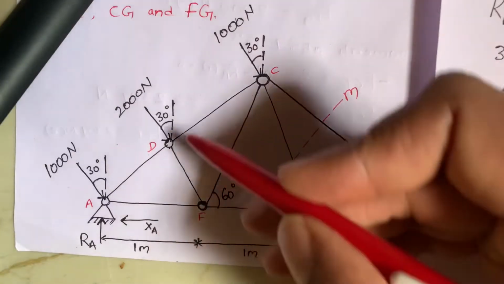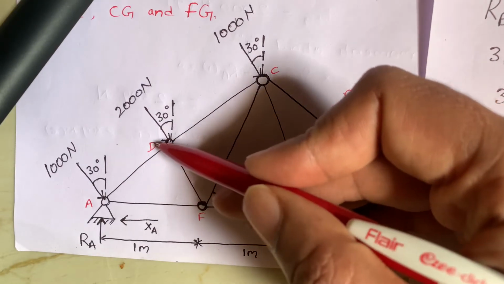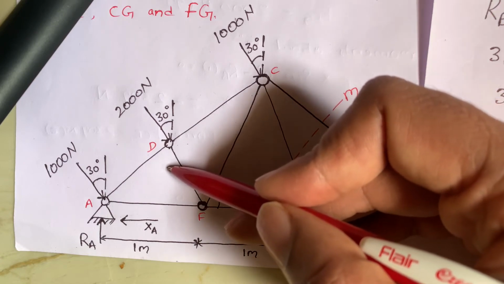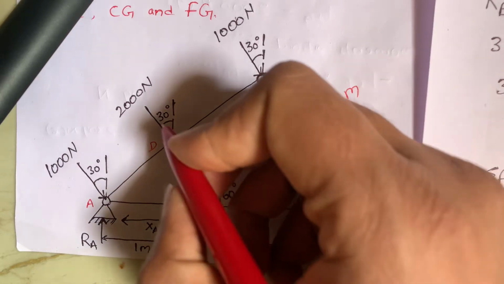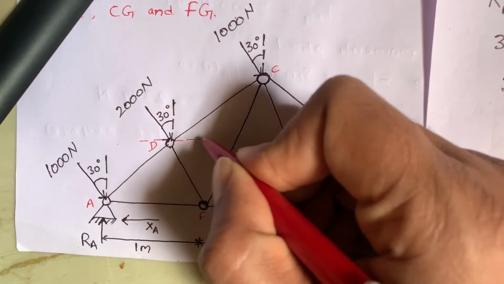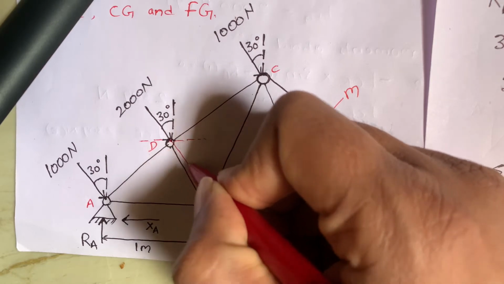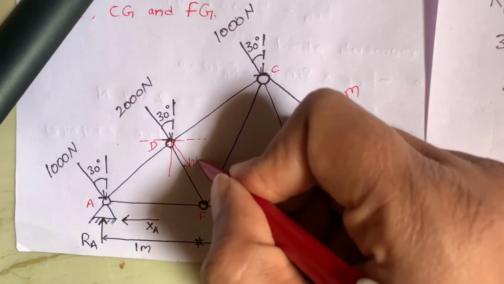Same here. I am resolving this force like this, and the axis is this one. I'll show you. If suppose the axis is like this and our force is like this, here it is the y direction, this is 2000.